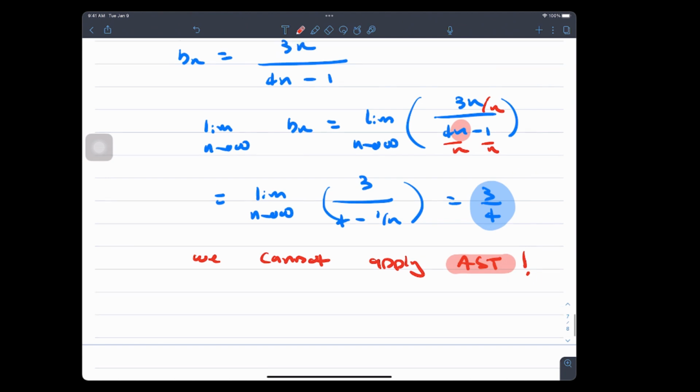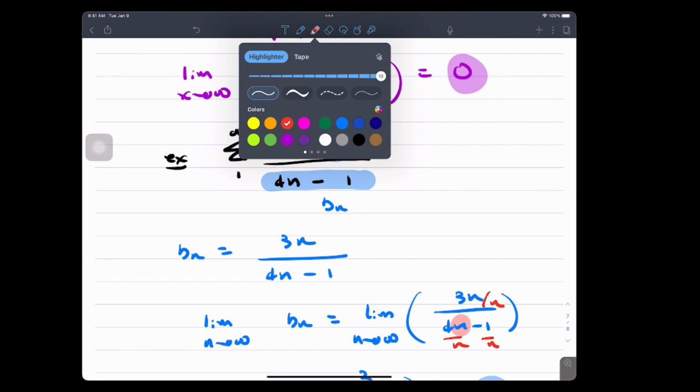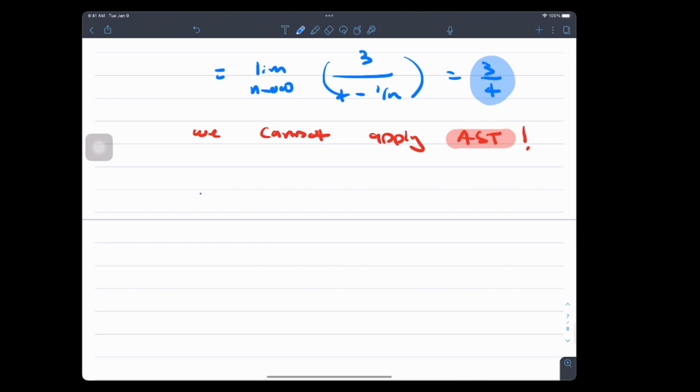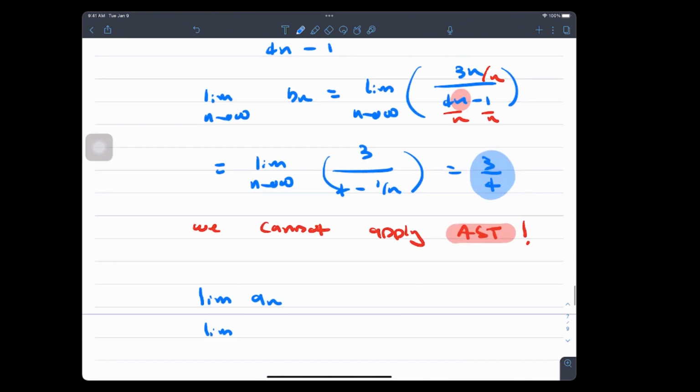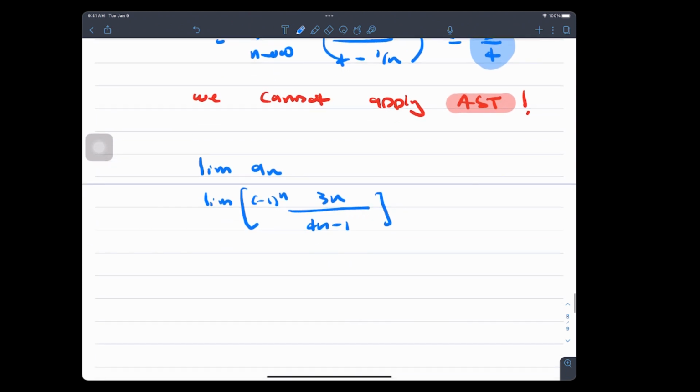So what do you think we should do? Let me give you guys a hint. Tell me what you guys think about this here. Isn't this an? What's the limit of an? You say, oh, I can take the limit of, what is the an? -1 to the n, 3n over 4n minus 1? What's this limit going to be as n goes to infinity?